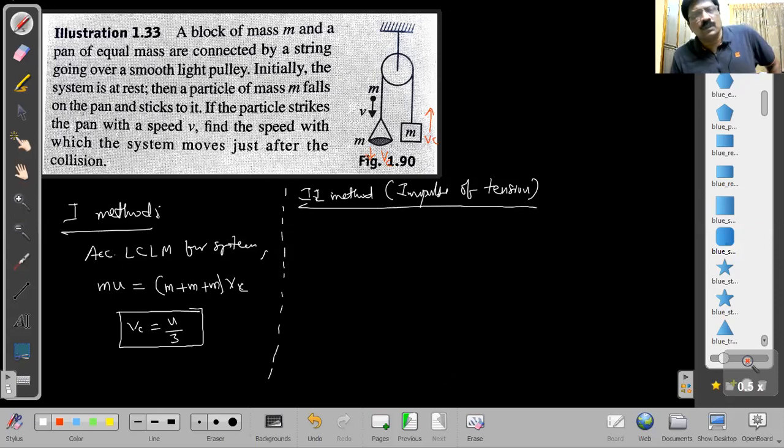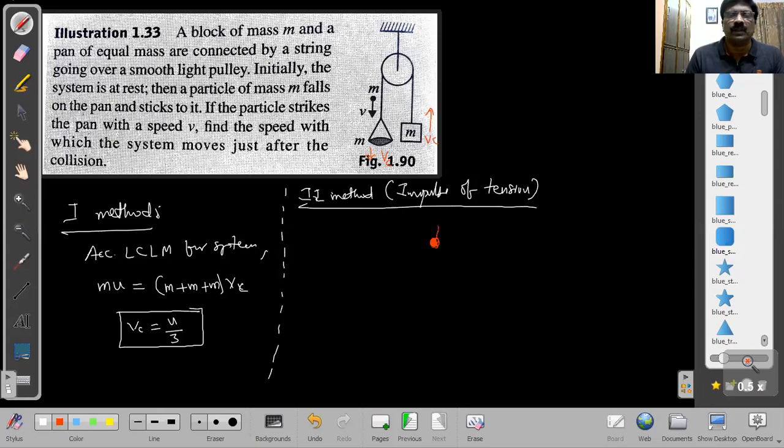Here we see, whenever the particle makes collision with the pan, at that time the pan exerts a force on the particle in the opposite direction. The pan tries to prevent the motion of the particle downwards.